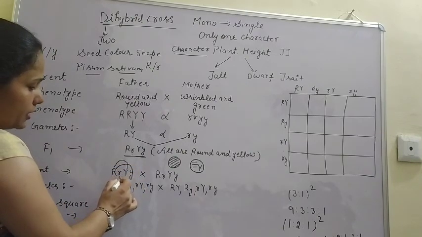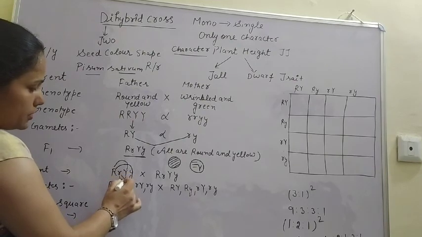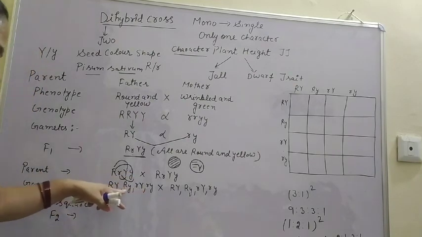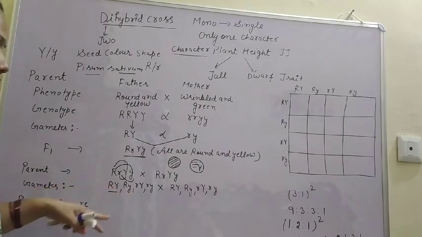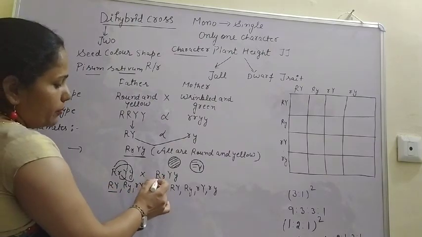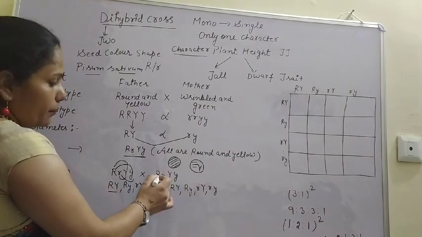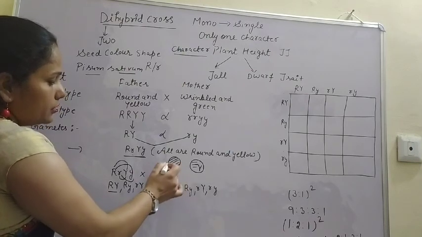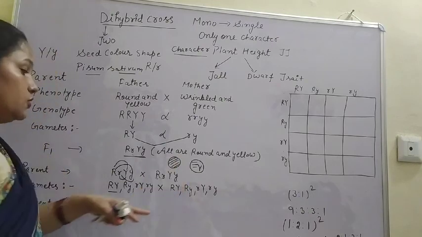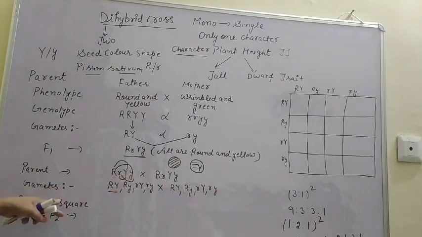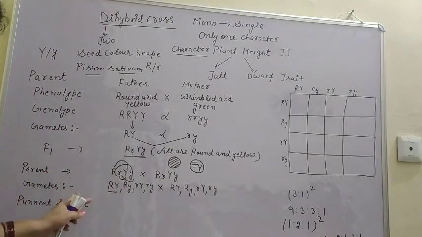Second, small r, capital Y, small r, small y. So like this you can write the gametes here. And in the second parent also, capital R capital Y, capital R small y, small r capital Y, small r small y. So these are the gametes for the F2 generation.